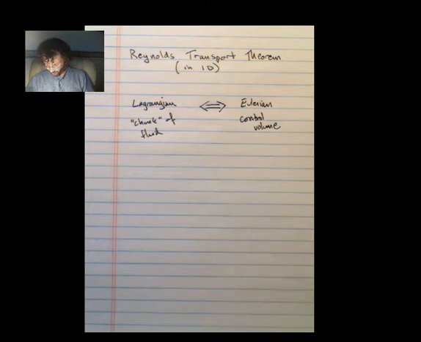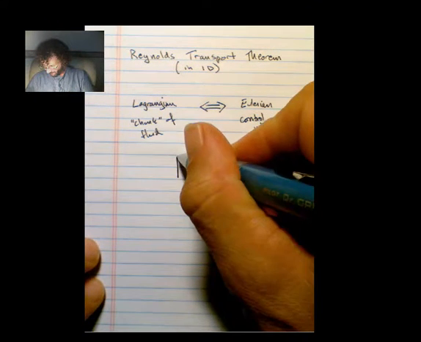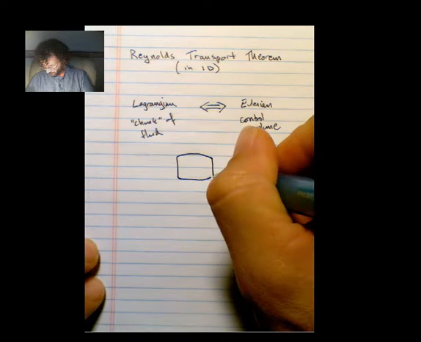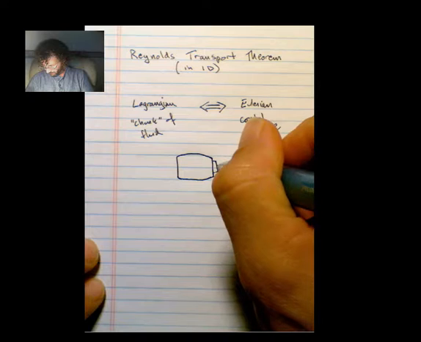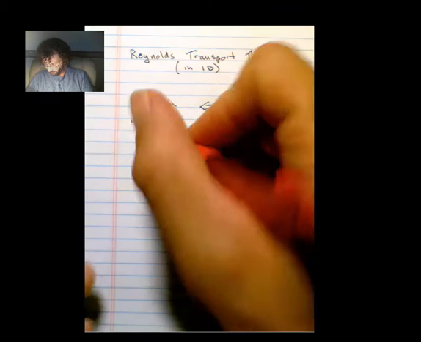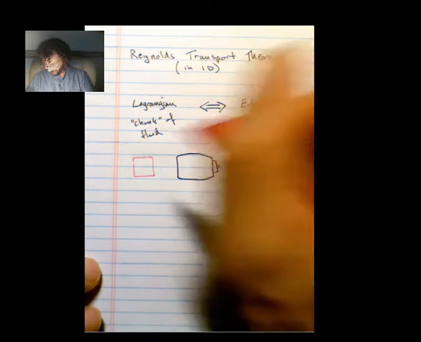And so let me give you a little example to make this a little bit more concrete. Consider a jet engine. Let's just say it looks something like that. If we were to analyze the flow through this from a Lagrangian perspective, we would start off with a chunk of air that's going to go in.